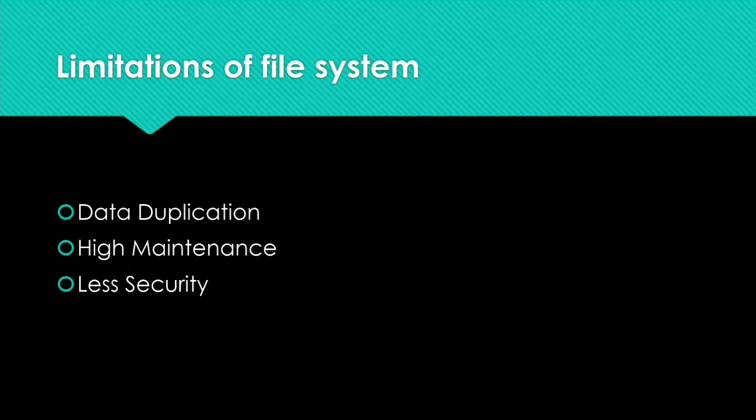Now what happens if that same data is stored in multiple places? Actually the storage capacity is wasted, and later we go for higher memory space, which means we have to purchase secondary storage devices, and this is not going to provide security for your data also.